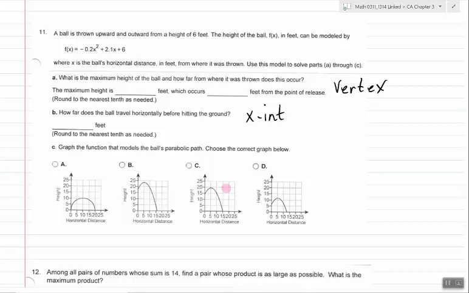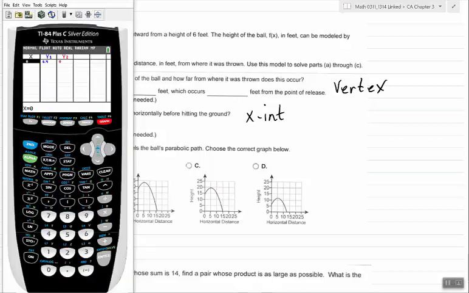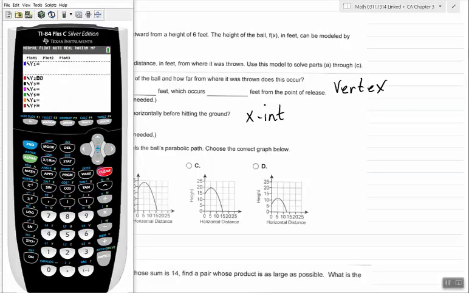All right, so let's go to our grapher. Go to y equals, clear this out, type in negative 0.2x squared plus 2.1x plus 6. I don't know if I've got a decent window. I'm going to go back to a zoom 6.